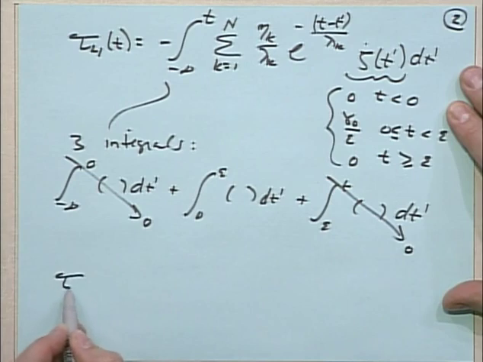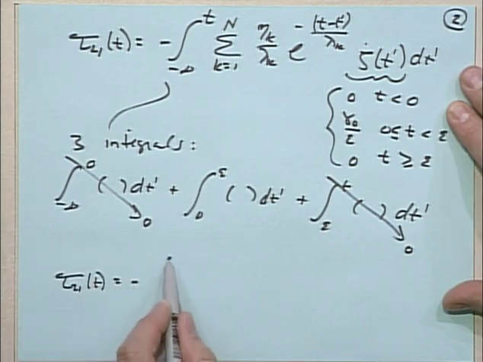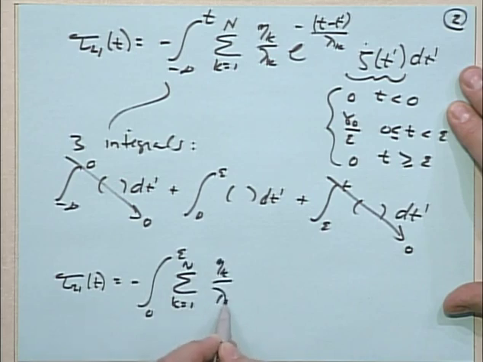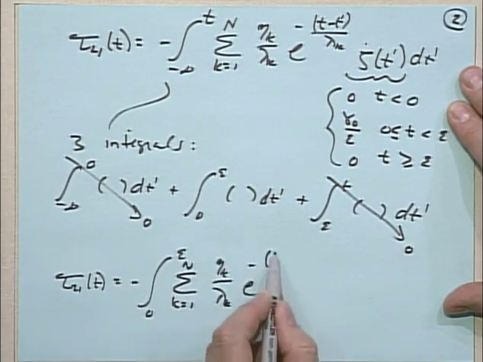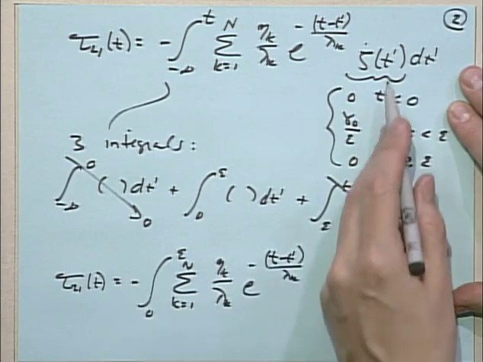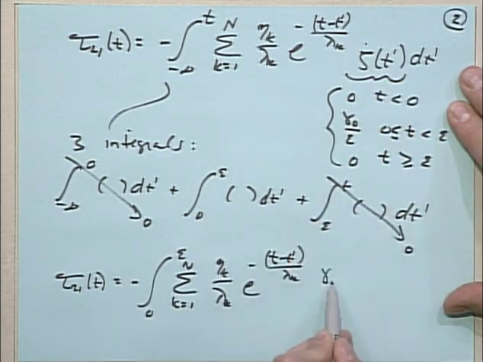So we get tau 2-1 at time t is equal to minus the integral from 0 to epsilon of the summation k equals 1 to n, eta k over lambda k, e to the minus t prime over lambda k, times sigma dot, which is this constant gamma naught over epsilon dt prime.